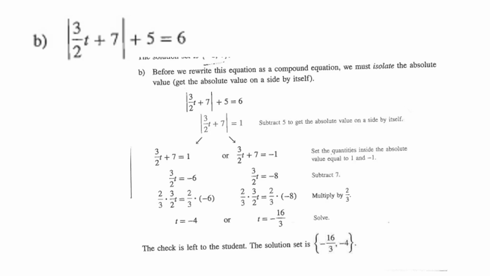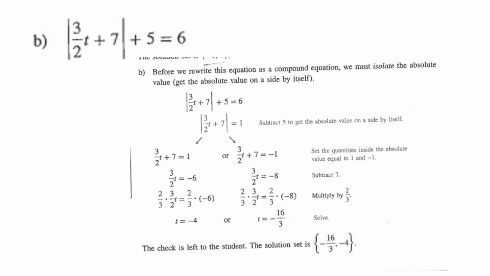And we have to solve each of these. So if we are solving 3/2 t + 7 = 1, that will give us 3/2 t = -6. And then we will have to divide both sides by 3/2, and we will get t is equal to -4.